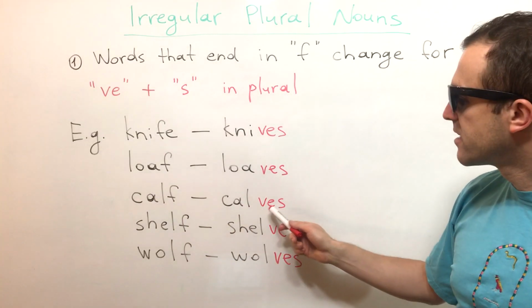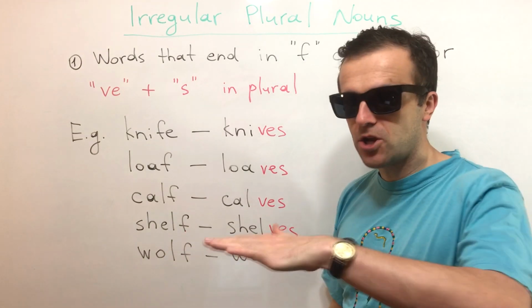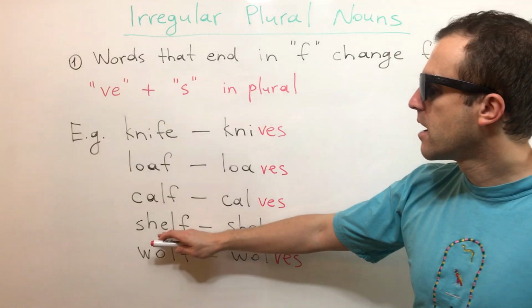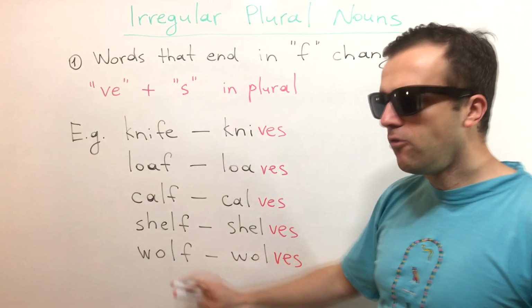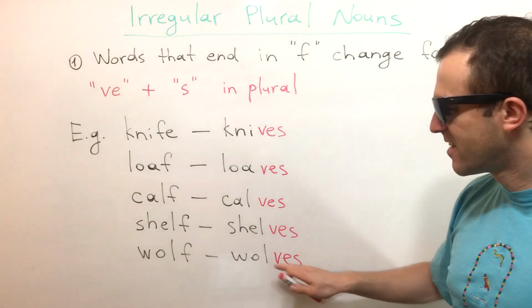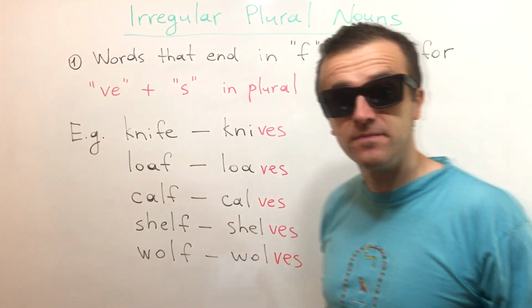Calves. Shelf, you know, to put books on the shelf. Shelves. And wolf, oh, wolves. F for ves, wolves.